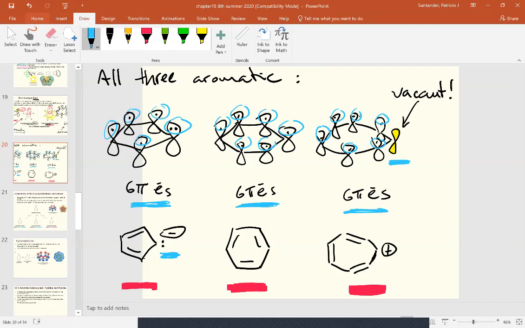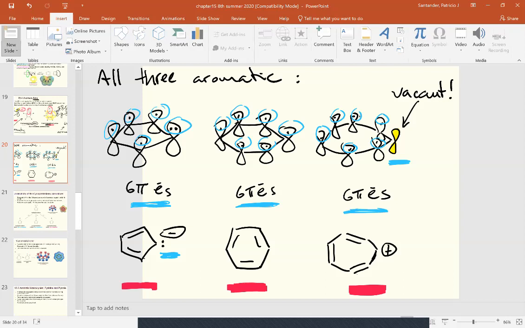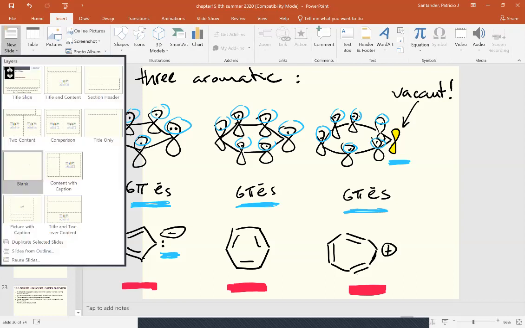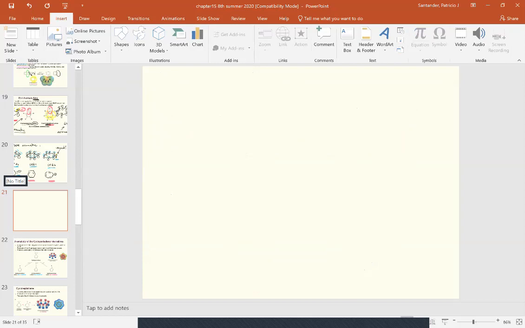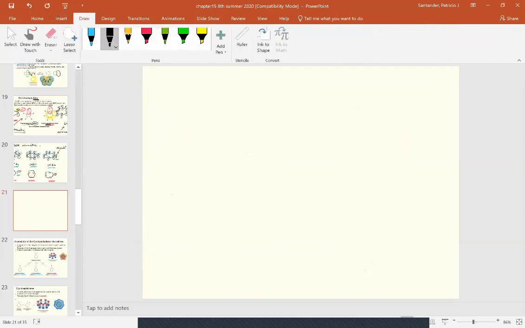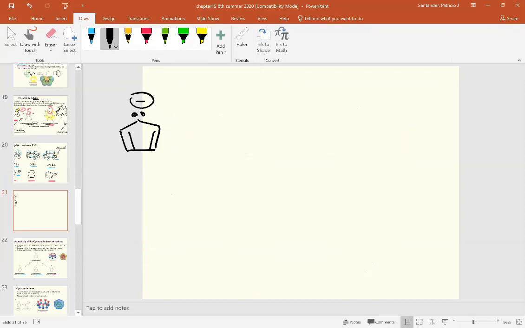Let me insert one slide here to discuss the writing of additional resonance structures for these. When you have the structure of the cyclopentadienyl anion, how many additional resonance structures can you write? Well, you can bring this pair of electrons here, that one there, that one there.